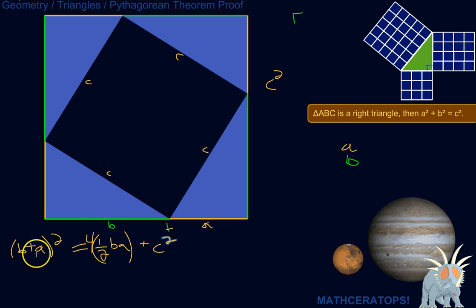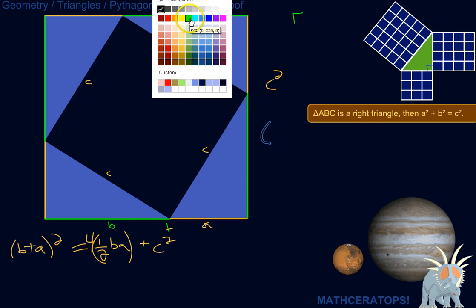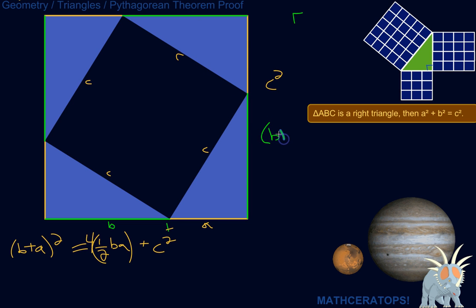Alright, so if we can simplify this and get a squared plus b squared equals c squared, we have proved the theorem. So b plus a squared, I need to get myself some room here to write. I'll just distribute that, FOIL that, b plus a, b plus a. So b times b is b squared.